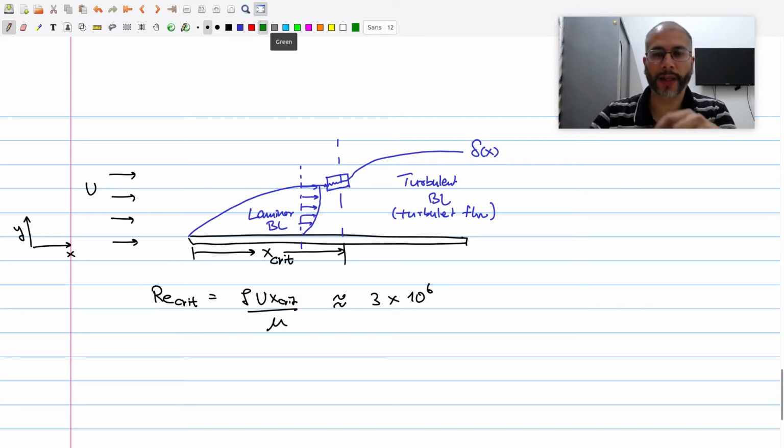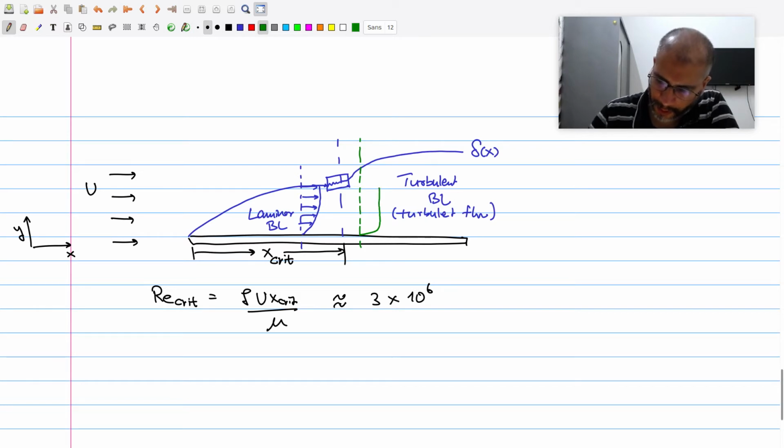But as we discussed earlier, in turbulent flows, there are a lot of fluctuations that start to appear. Because of this fluctuation, there is a lot of mixing, and this bulk mixing results in the mixing of momentum as well. So what we see is there is a very sharp increase, and then the flow is almost uniform.